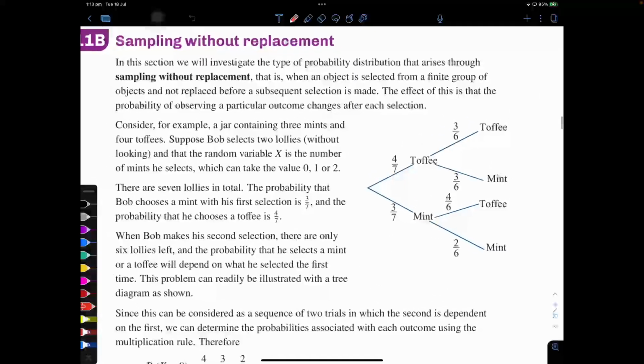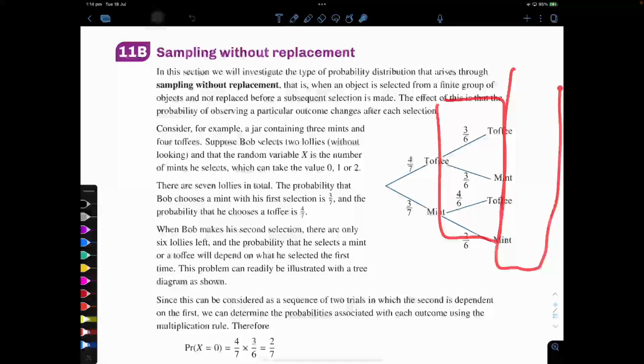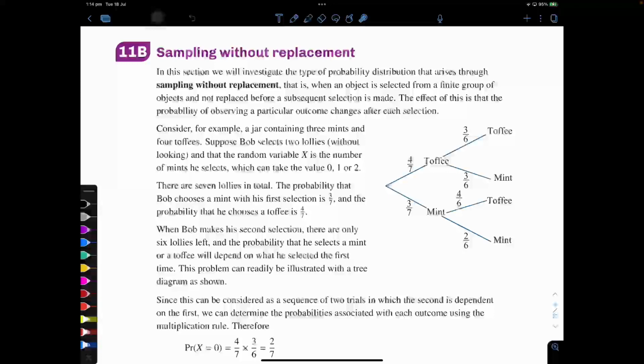Now, you know that with sampling without replacement, every time you pick out an item, you leave it out, or let's say you eat it, which means you can't put it back in. The total number that you're choosing from decreases by 1 with each stage of your experiment. This is probability without replacement: when an object is selected from a finite group of objects and not replaced before a subsequent selection is made.